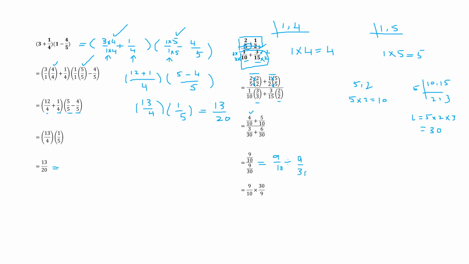At school, the teacher used to tell us that whenever you need to finish a division, you make it a multiplication and take the reciprocal, or write it upside down, 9 by 30. So it comes this way, then multiply them. So in multiplication, 10 ones are 10 and 10 threes are 30, and 9 with 9.